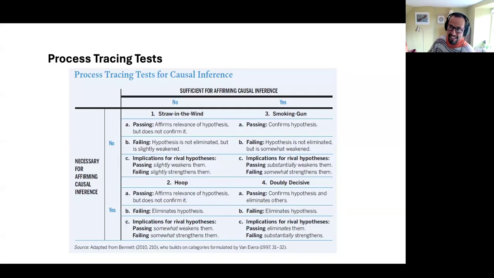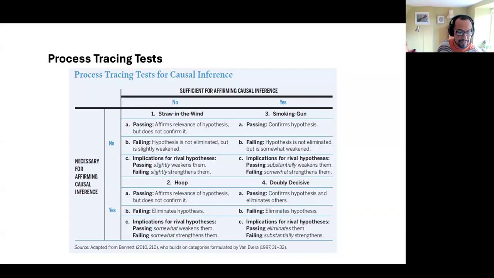Asking ChatGPT how to explain it to a child, it gave me a very good suggestion. It says, well, think about solving a mystery. So a straw in the wind type of test would be, for example, finding a footprint near the scene. That doesn't prove that the person did it, but at least it makes one story a bit more likely.